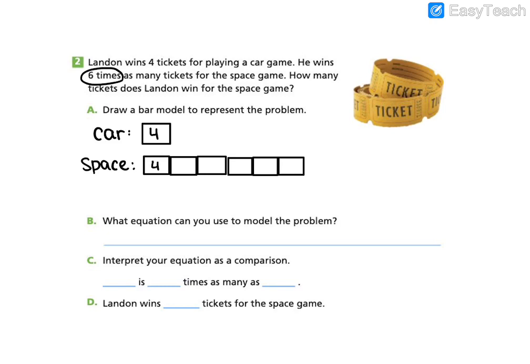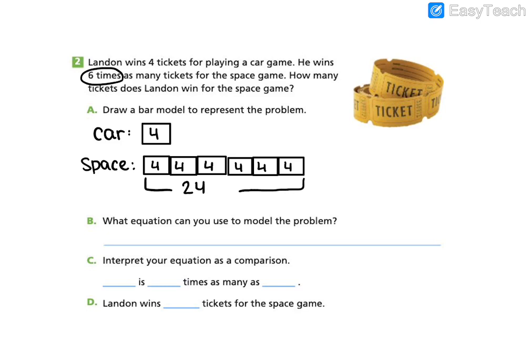Remember, that's 6 times as many as the 4 tickets he gets for the car game. So in total, for the space game, if he has 6 times as many as the 4, he would get 24 tickets.